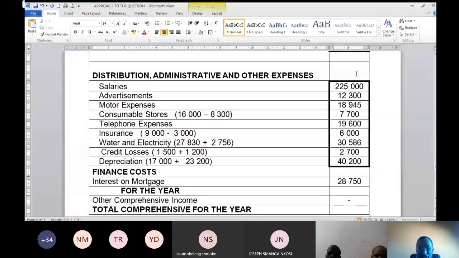Your credit losses is 2,700 and your depreciation is 40,200, giving you distribution, administrative, and other expenses of 363,031 Rand.